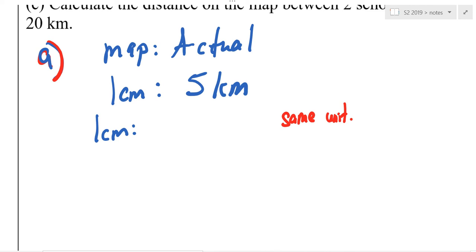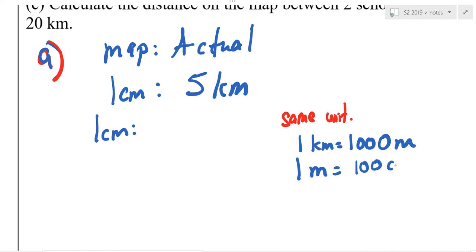Okay, can you write down 1 km. 1 km is 1000 meter. 1 meter is 100 cm. Therefore, 1 km must equal 100,000 cm.